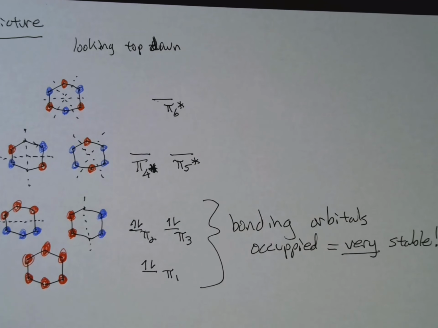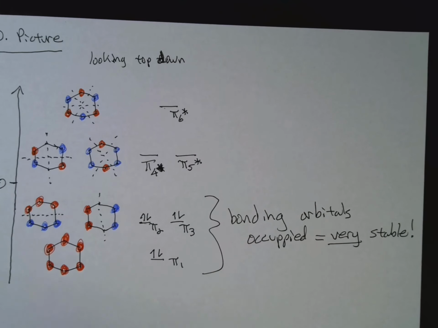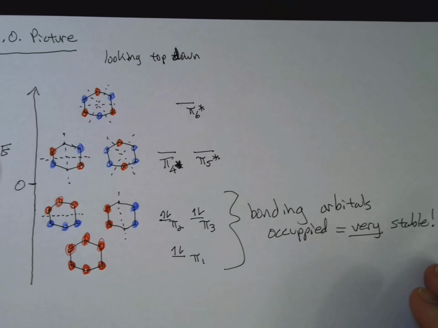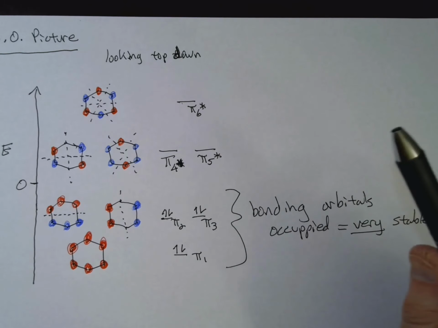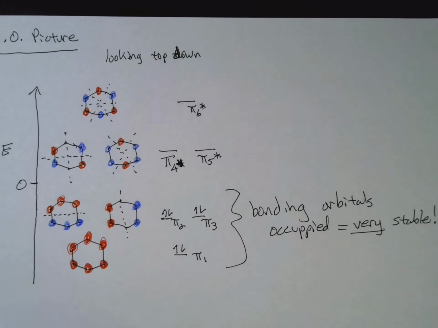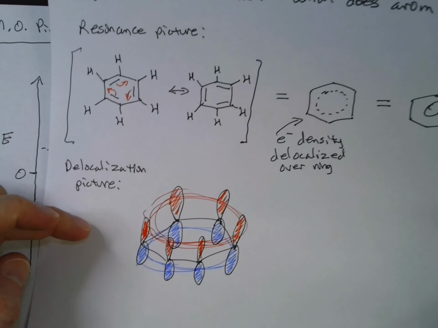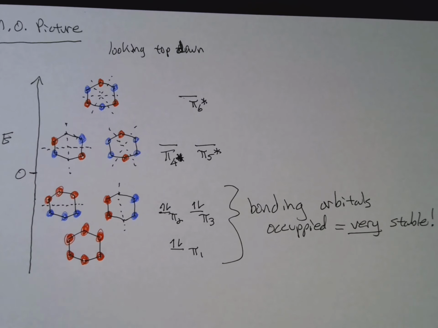Zoom out just a little bit here so you can get a little bit more of the whole picture. There we go. All right, so this is another representation. Again, we've got our resonance picture, our delocalization picture, and then our molecular orbital picture. And these all explain the stability of benzene.